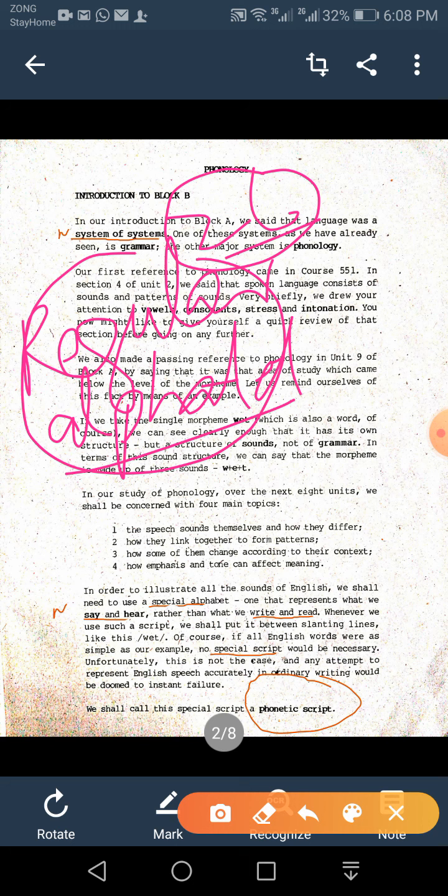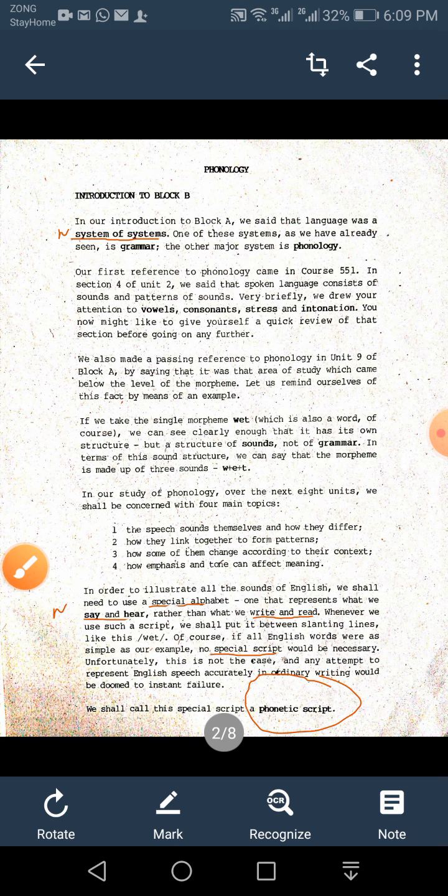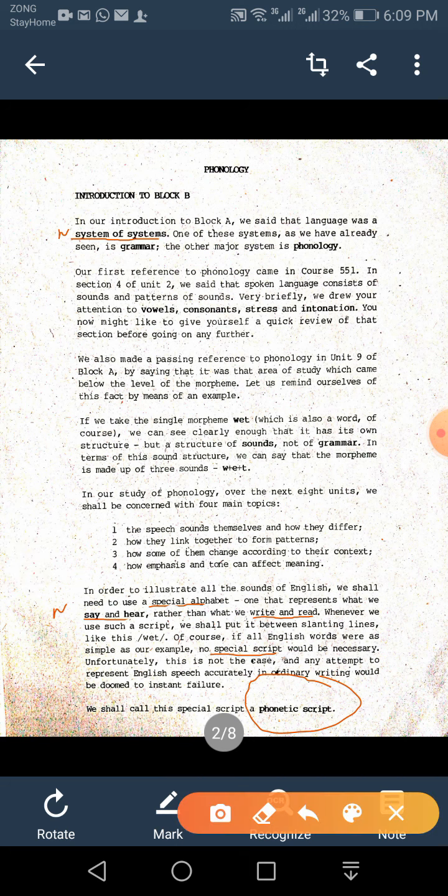And another alphabet is the phonetic alphabet, and this has got 44 symbols known as phonemes. That's why we say IPA, International Phonetic Alphabet.